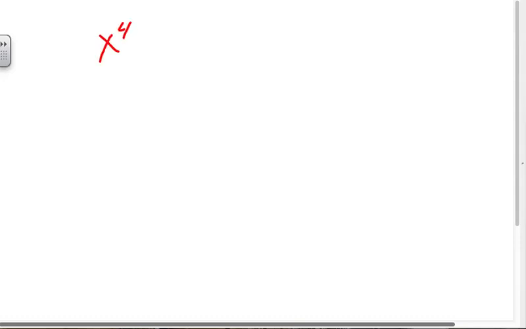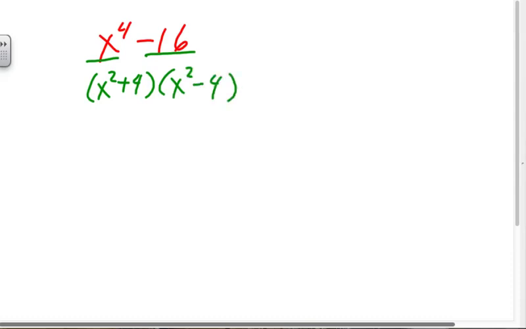x to the fourth minus 16. Okay, now I recognize this, and at this point you should too, as a difference of two squares. So this will come out as being x squared plus 4, x squared minus 4, with this being the square root of this.